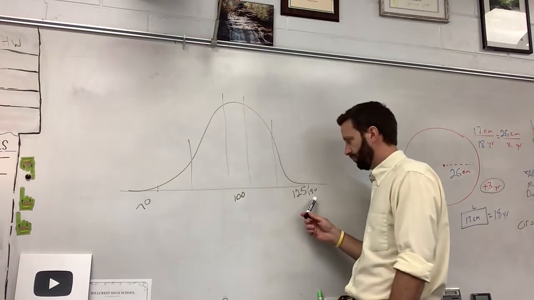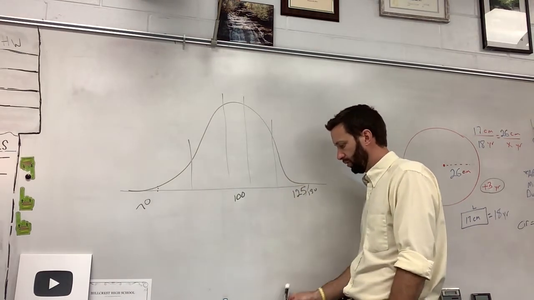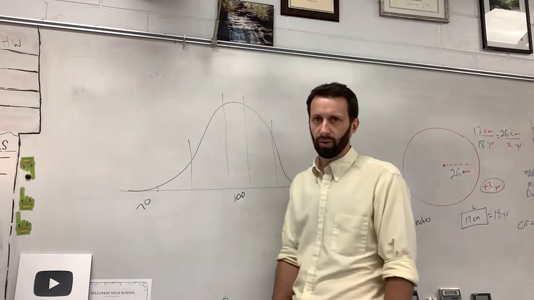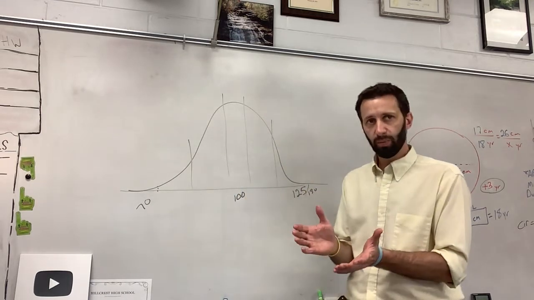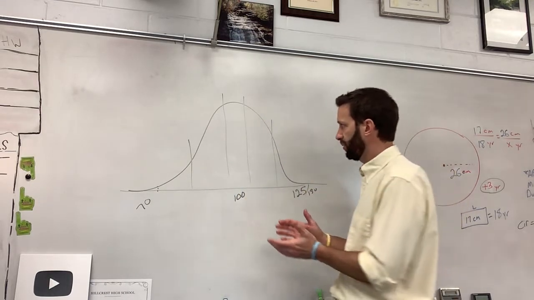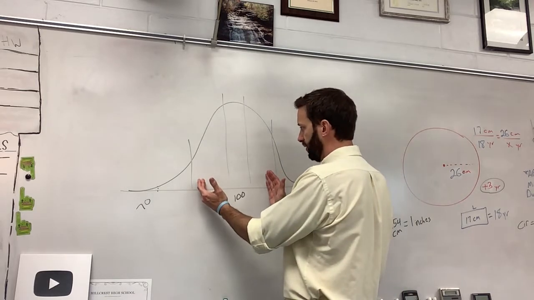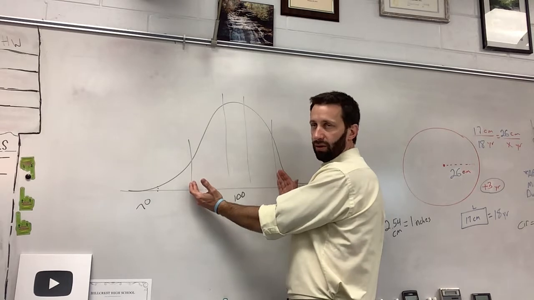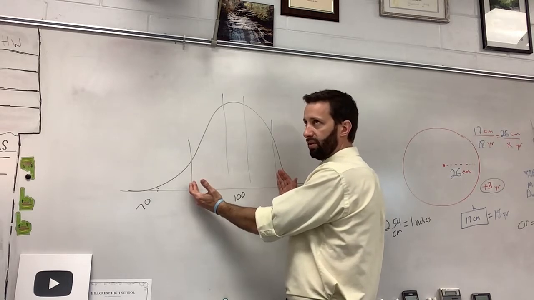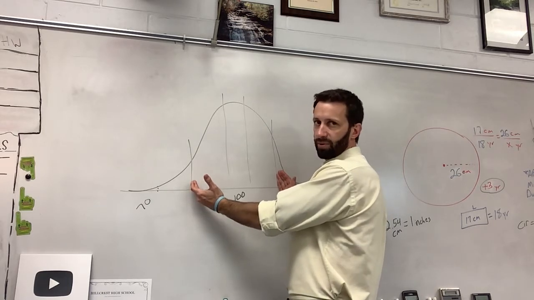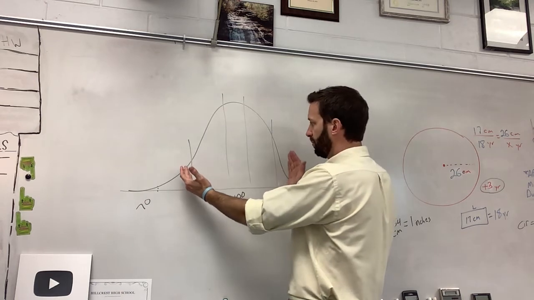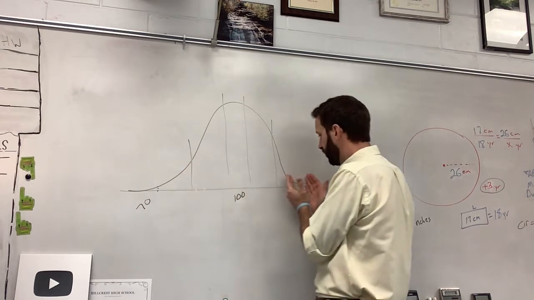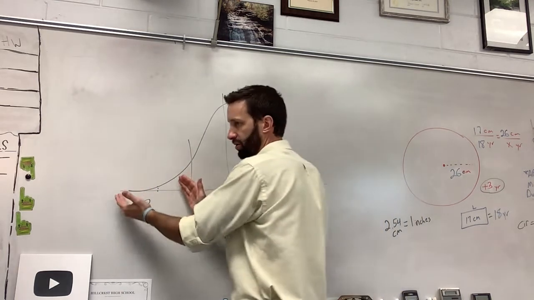But the large majority of the population is within 2 standard deviations, from 85 to 115, it's either 64 or 68% of the population. So most everybody's falling within this group. You've got a few outliers on one end and a few outliers on the other.